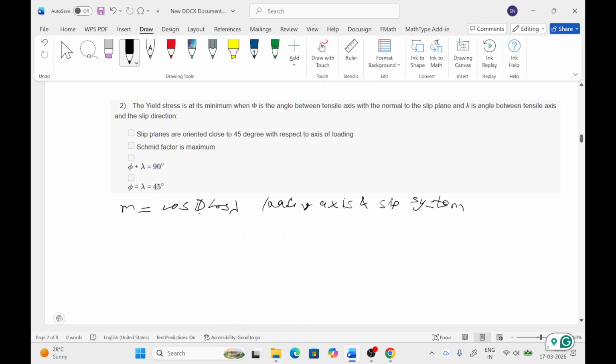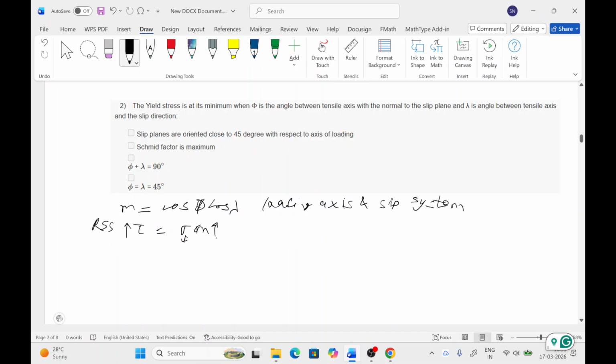The angle between the slip direction and slip normal also defines the required amount of tensile stress for deformation. If the value of the Schmidt factor is high, then sigma into m, the resolved shear stress, will be high, so the required applied stress can decrease.